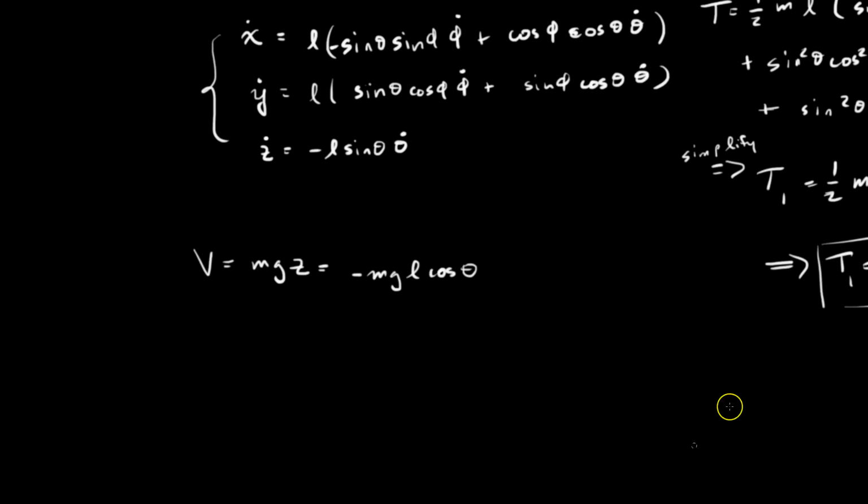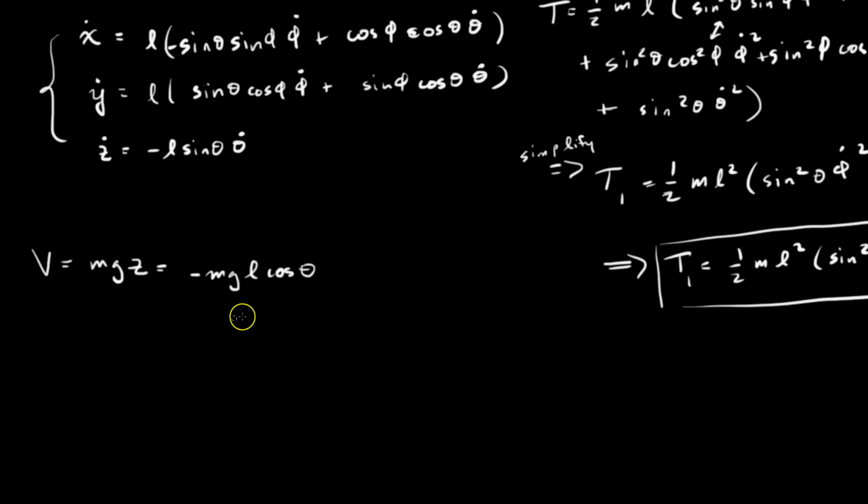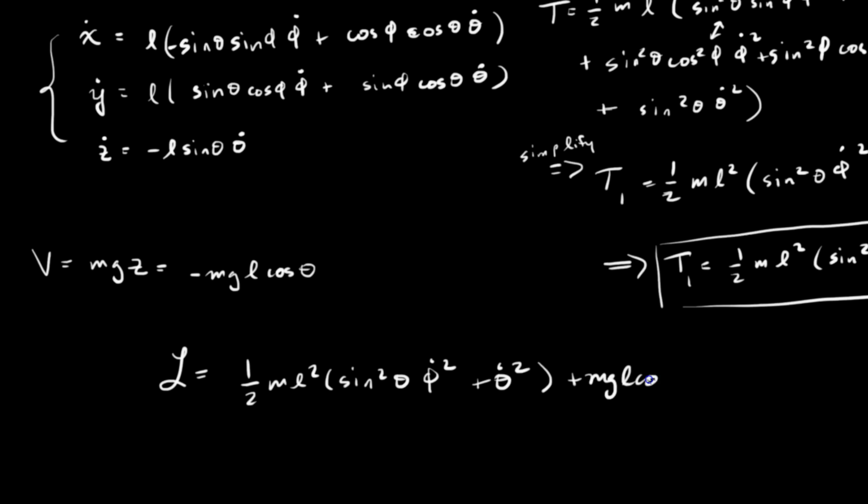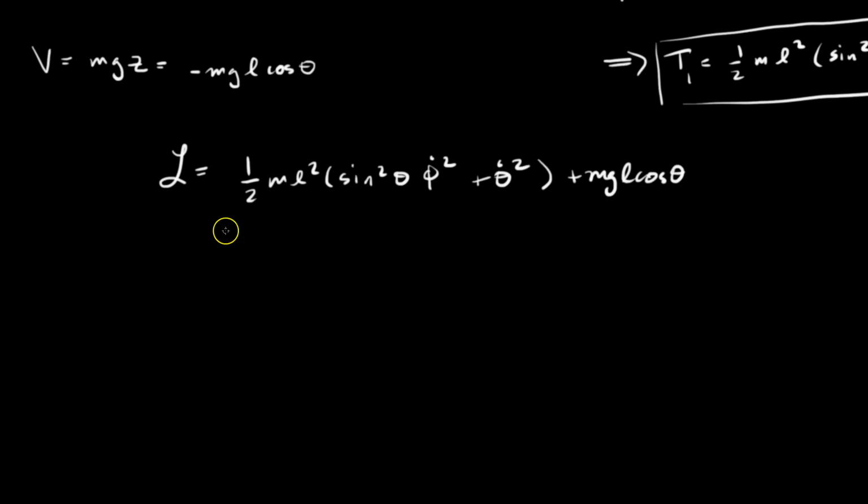Okay, so then we can set up our Lagrangian. It's just going to be 1/2 m L squared sine squared theta times phi dot squared plus theta dot squared, plus m g L cosine theta. Very simple. Okay, we can expand this a bit.